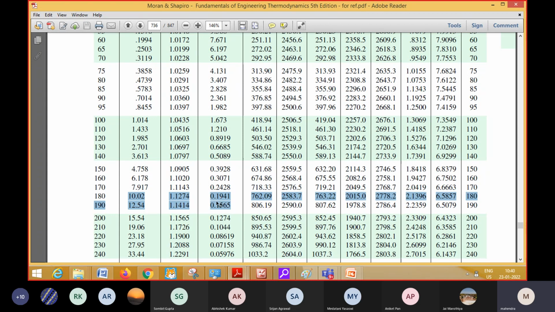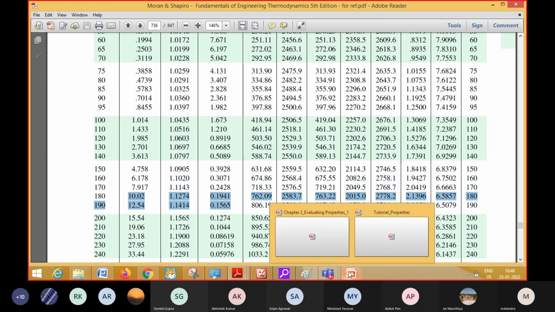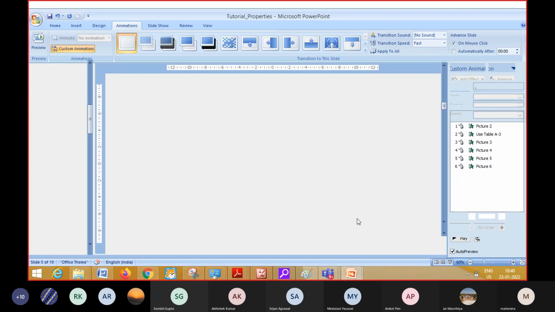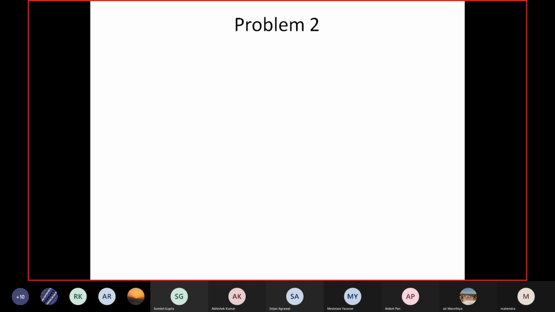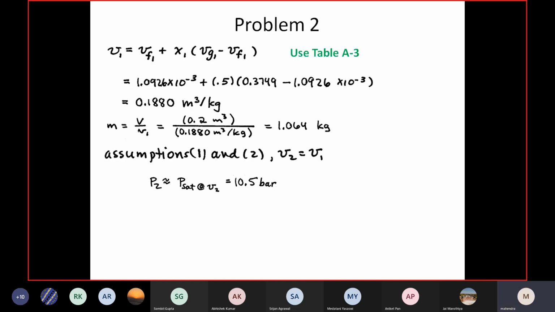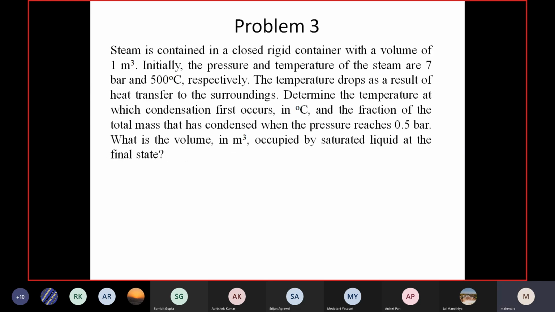If you interpolate, you will be getting pressure 10.5 bar and the volume is the same, 0.1880. Fine. Anyhow, I'll be sharing this presentation, right? You please practice. So problem number 3.